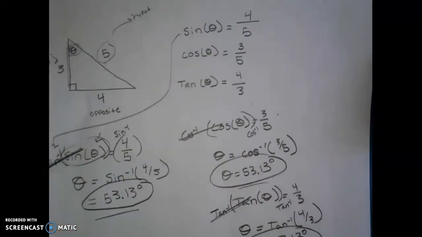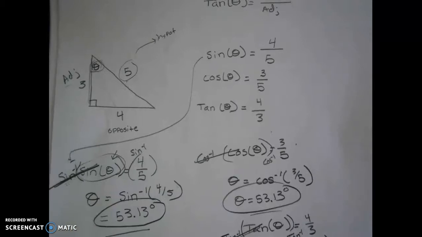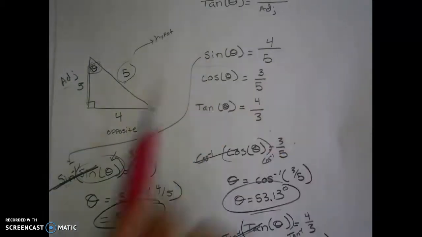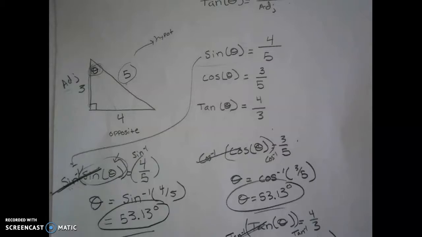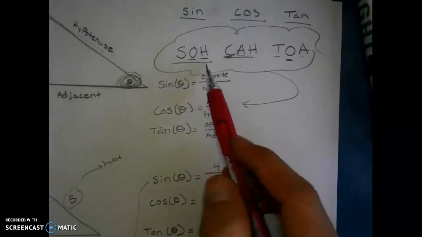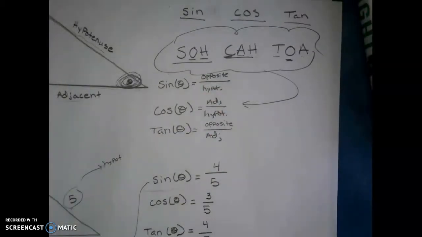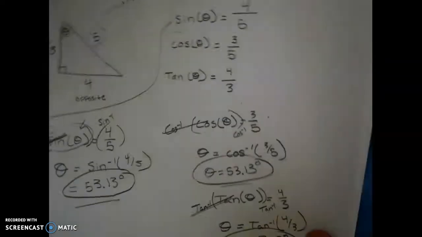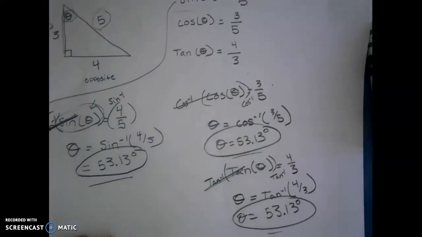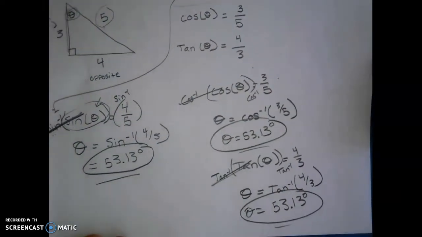So when we're solving for theta, it does not matter which trig ratio I use, as long as I use the right parts: sine, opposite over hypotenuse; cosine, adjacent over hypotenuse; and tangent, TOA, opposite over adjacent. That's how we solve for theta using sine, cosine, and tangent.